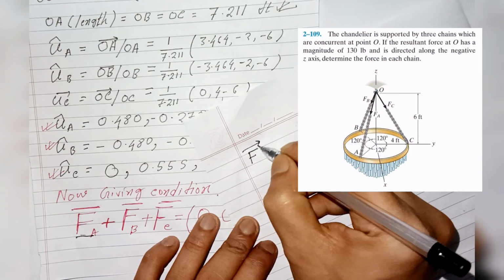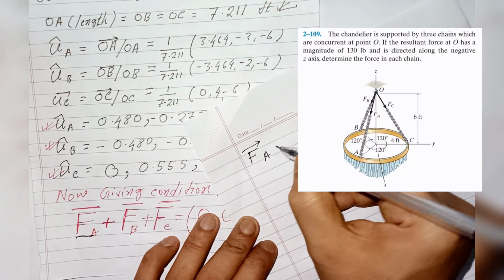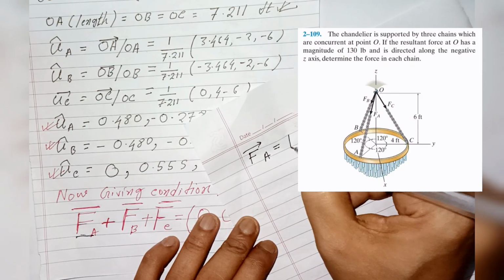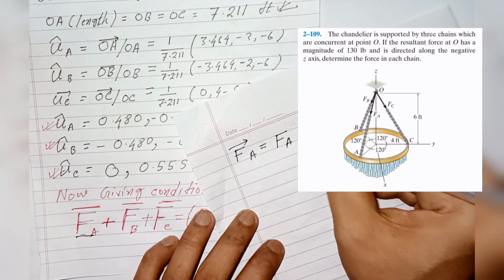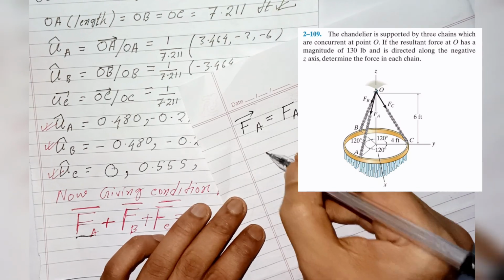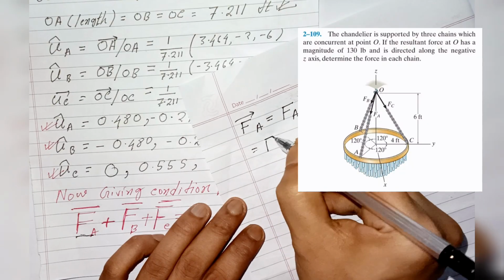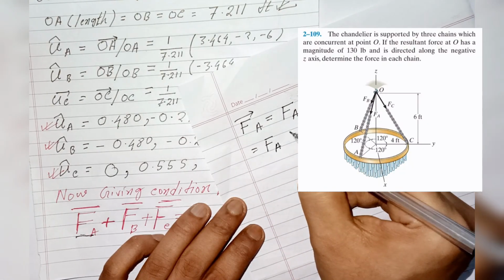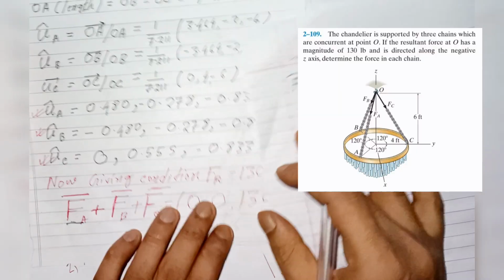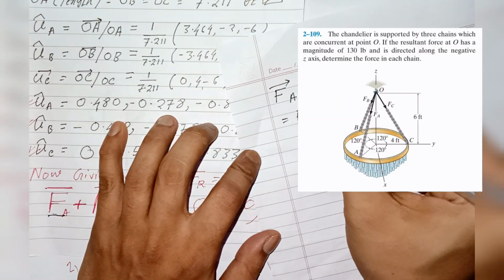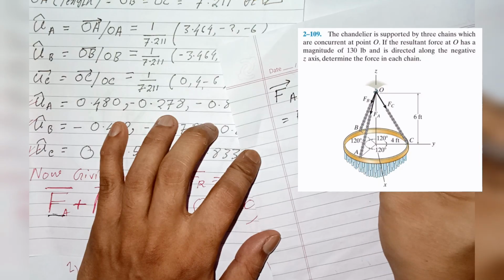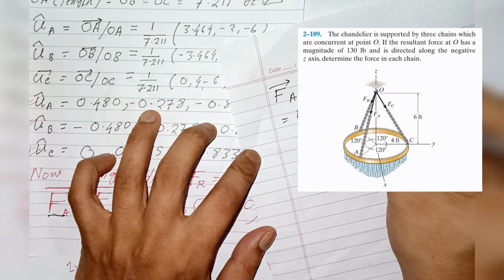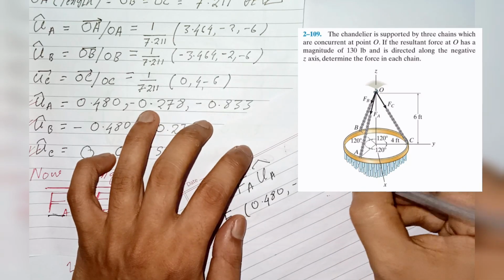Now we have to find the F_A vector. How to find the F_A vector? Any vector can be found as magnitude multiplied by unit vector. So F_A vector equals F_A into the unit vector of F_A. F_A is unknown but the unit vector is known: 0.480, minus 0.278, minus 0.833.